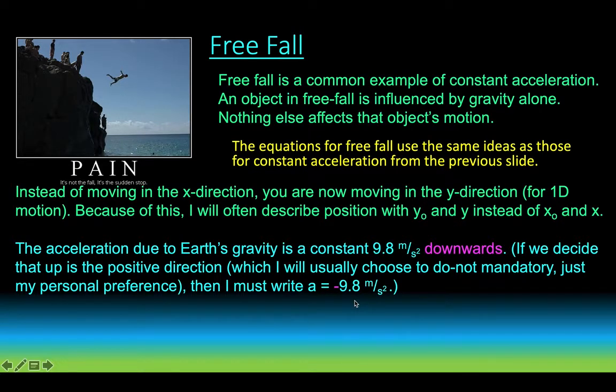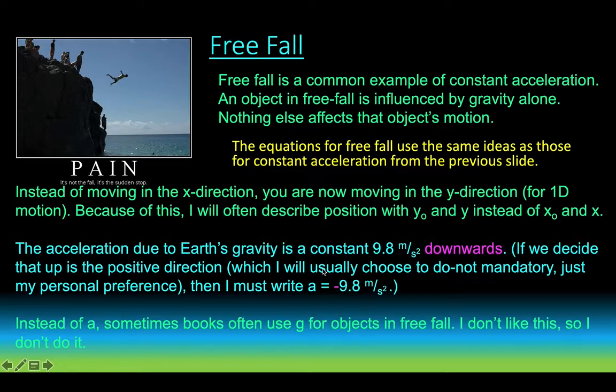I said in the first video in this chapter, things have a position, they move, sometimes they change their speed. The rest of the chapter is just being careful to make sure that you are being consistent with what you say. So if I say up is the positive direction, which is something I really prefer to do all the time, then that means the acceleration due to Earth's gravity is negative because Earth tends to pull me downward.